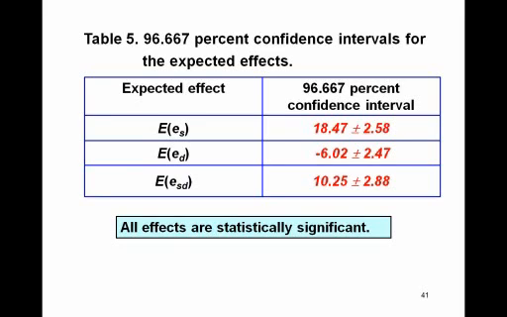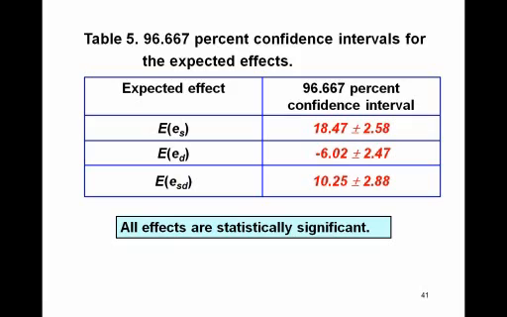Now, in statistics, we make a big deal about statistical significance, but unfortunately, statistical significance depends on the number of replications. If we had enough replications, the half-length of any one of those confidence intervals would get smaller and smaller.